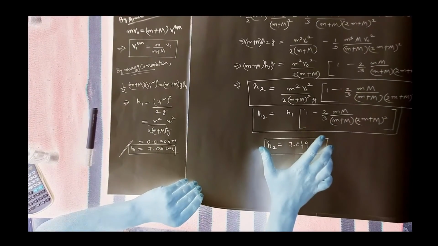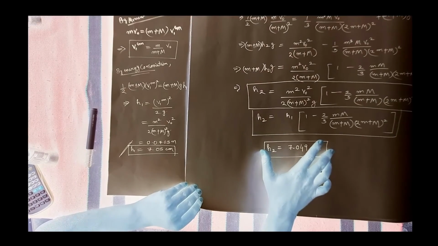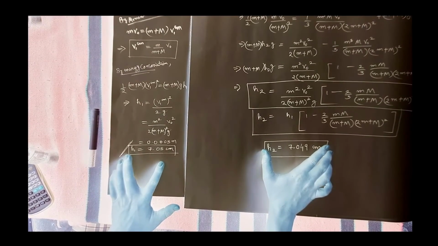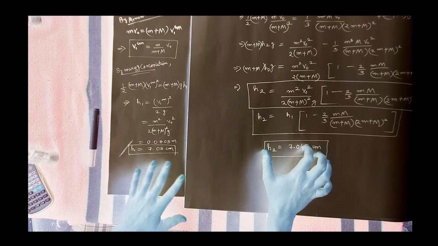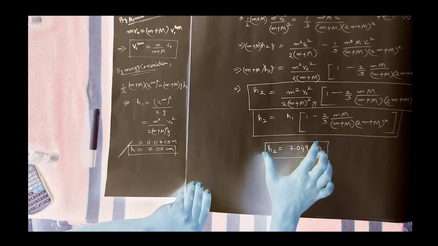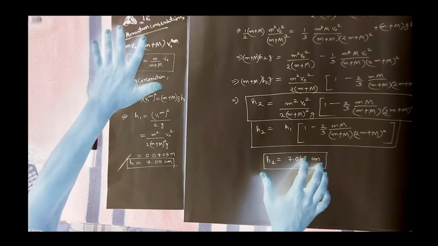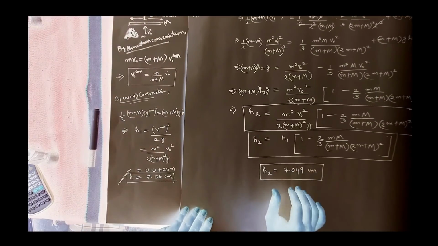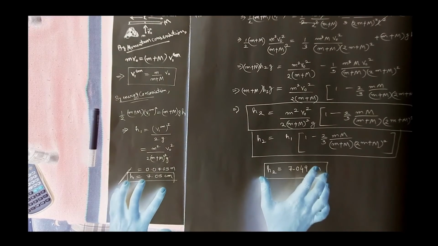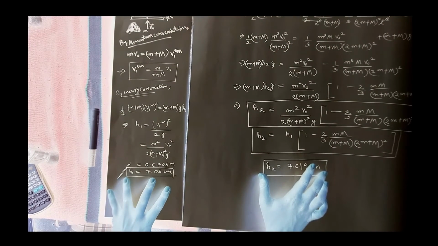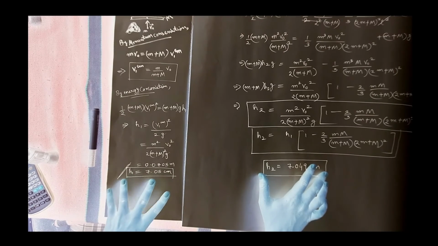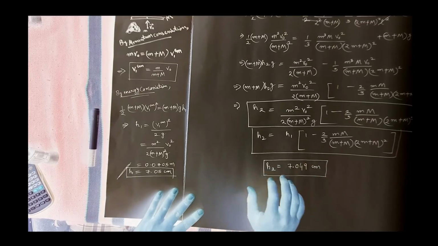So the height attained in the second case is going to be less than this. Even if the difference is so small, it is very hard to notice, because for the values that I have taken, for small m, capital M, v naught and L, the value of h2 has very little difference from 7.05 centimeters. h2 is not much less than h1, but h2 is less than h1.